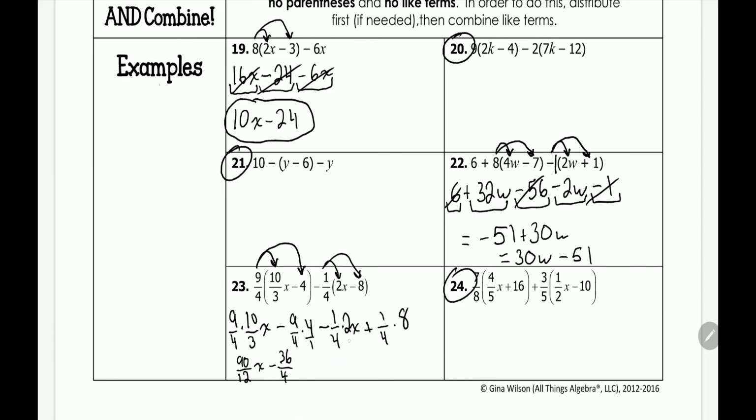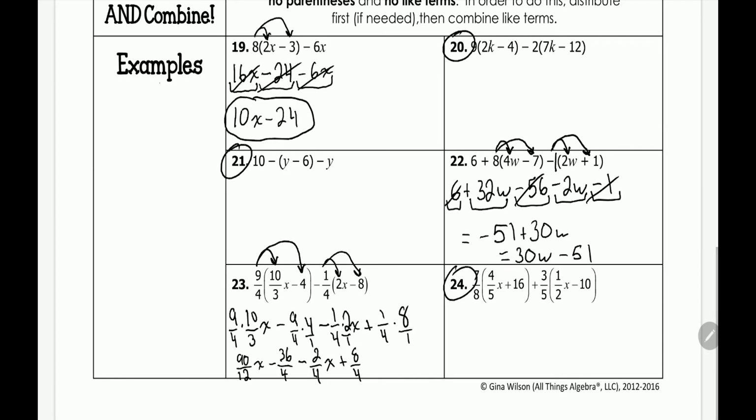Then we're going to change this 2 into 2 over 1 and multiply straight across. So minus 1 times 2 is 2, over 4 times 1 is 4, x plus, going to change this 8 into 8 over 1, multiply straight across, so we have 8 over 4, and now we just have to simplify.